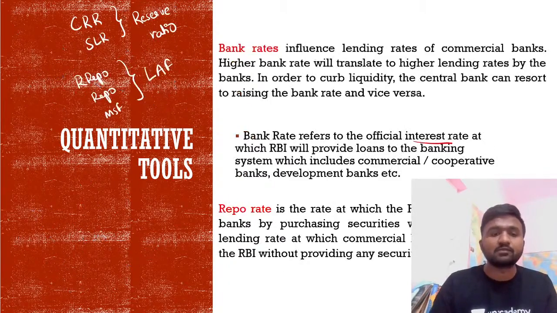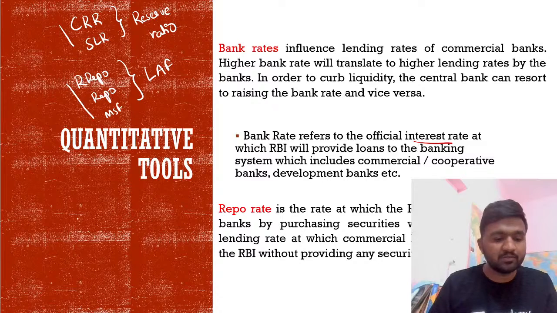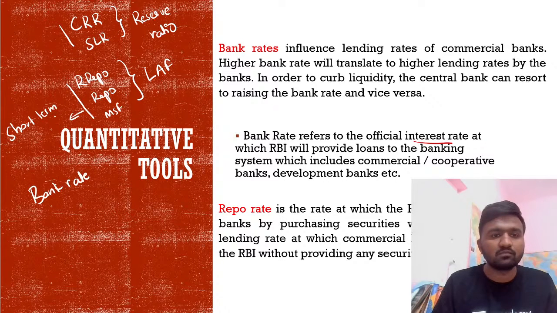So we did CRR, SLR, reverse repo and MSF. Now the next quantitative tool is bank rate. I told you both repo and MSF are short-term loans. Then what if banks want long-term loans from RBI?